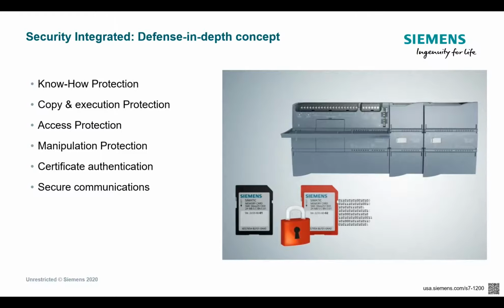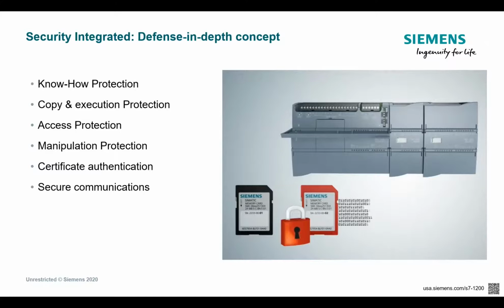So let's say you have a control block that controls some sequencing for a piece of equipment that is intellectual property that you don't want your customer to know, but you would like your customer to be able to go in there and say, configure the timing for the input conveyor to said device. You can know-how protect just a single control block inside your program so that your customer can't actually go in and see that, but they can go in and say, adjust the timing on the conveyors.